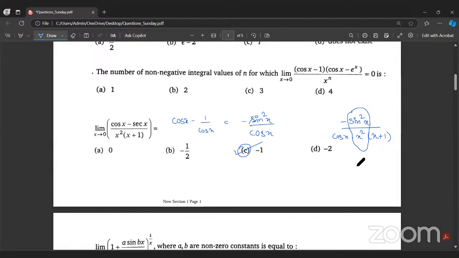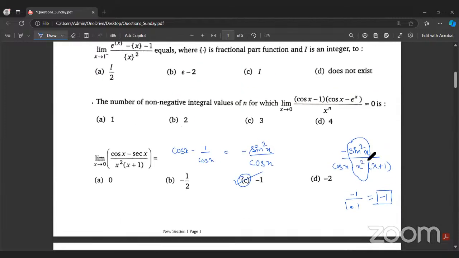So where is cos x tending to? 1, sir. And what about x plus 1? 1, sir. So it is not an indeterminate form. So you just substitute your values directly. So minus 1 divided by 1 into 1. So your final answer is minus 1, directly, because now it does not remain an indeterminate form, right?